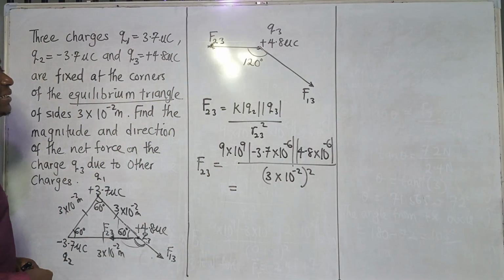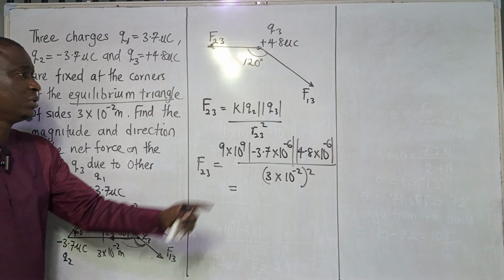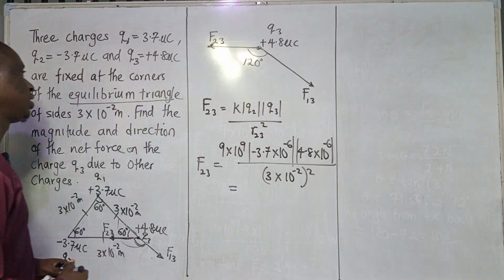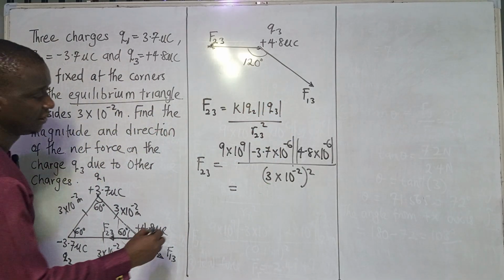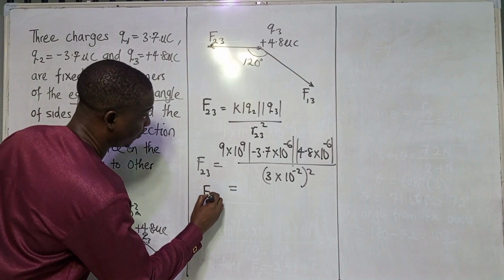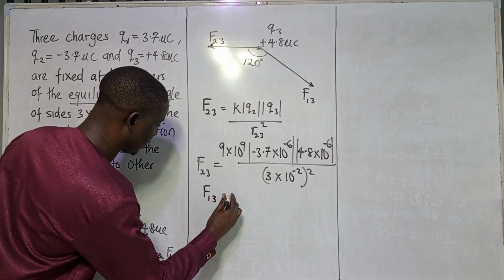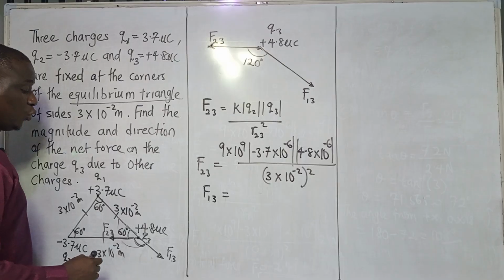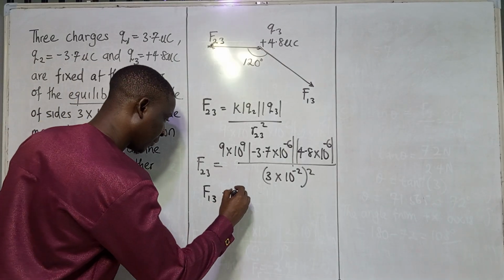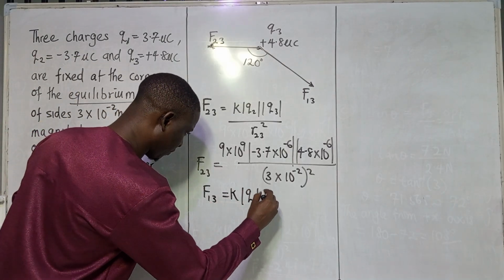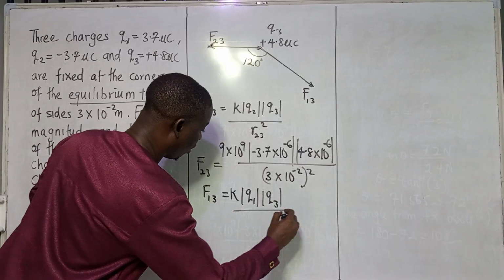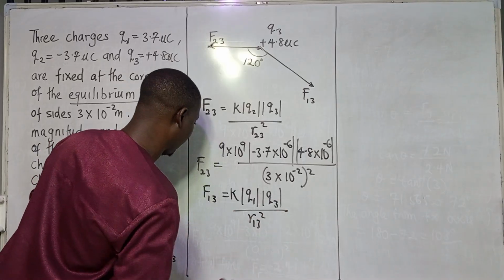Okay, now let's find the other one, F13, which is charge Q1's influence on Q3. We have K, Q1, Q3, all divided by R13 squared.